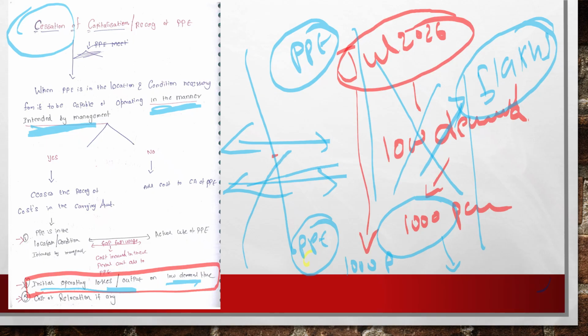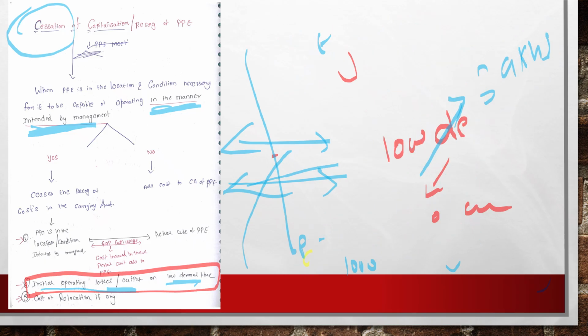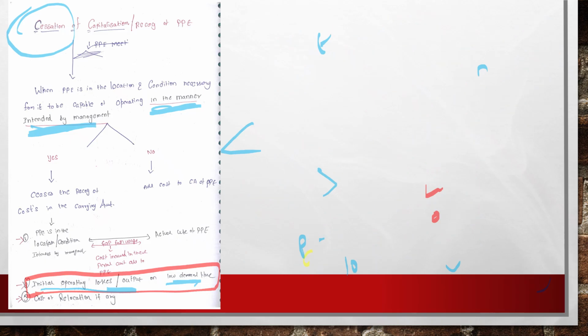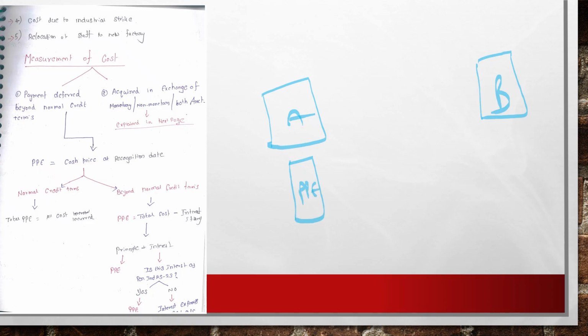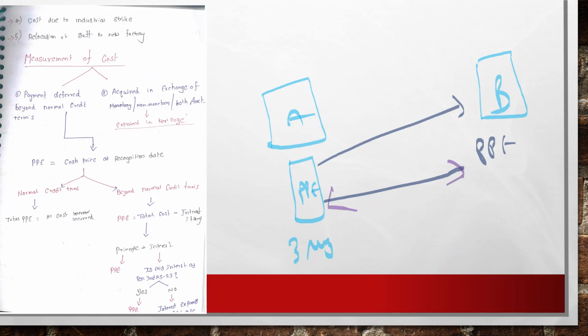Say suppose, one more example. You have completed one PPE, and there are plant A and plant B. In plant A, you have completed one PPE and used it for 3 months, and then you want to transfer this property to plant B, and you have shifted it from here to there and incurred conversion and shifting cost.